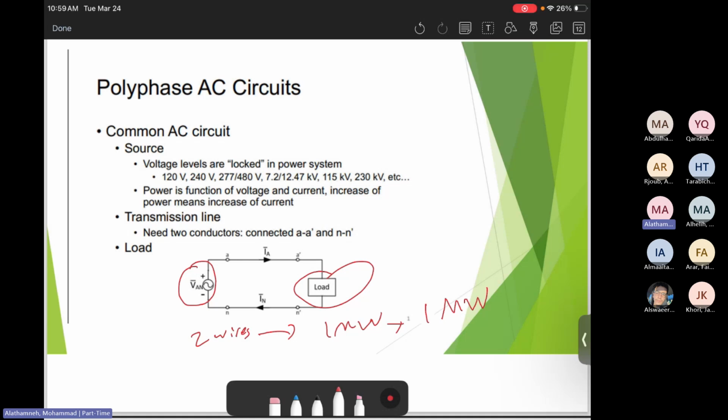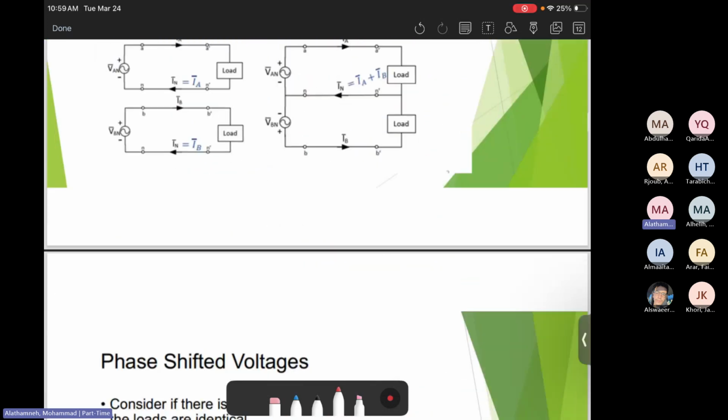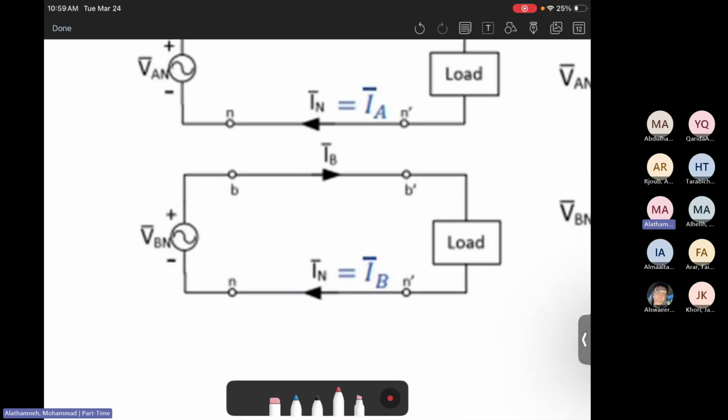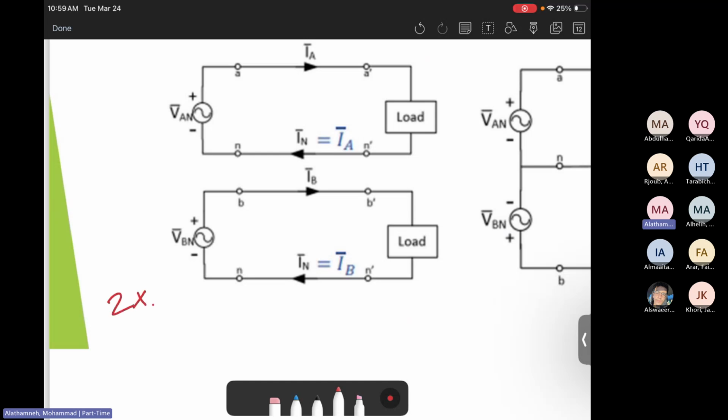The other scenario to provide 2 megawatts is by installing another circuit like this. So here we have 2 times the power. This scenario will give you 2 times the cost, right? The cost has been doubled.